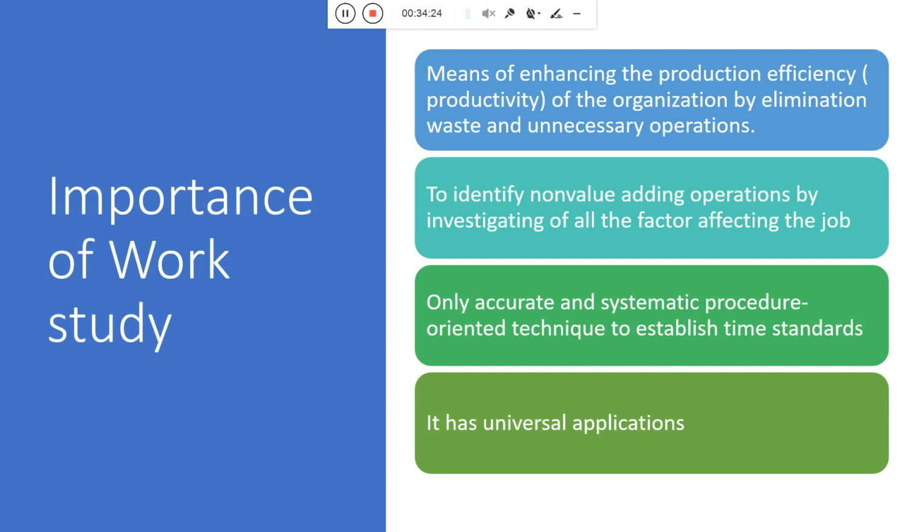It is not applicable only to the mechanical industry. No, it is applicable to any organization. You can apply this work study in any organization. It is a universal application. You can apply it even in your house, in the kitchen also.